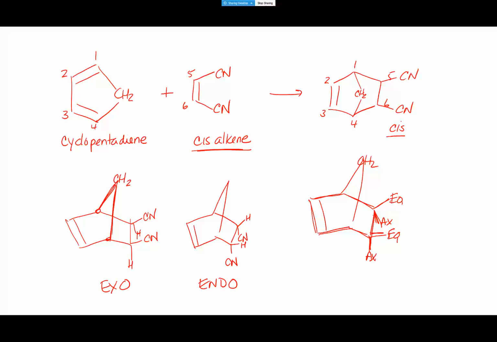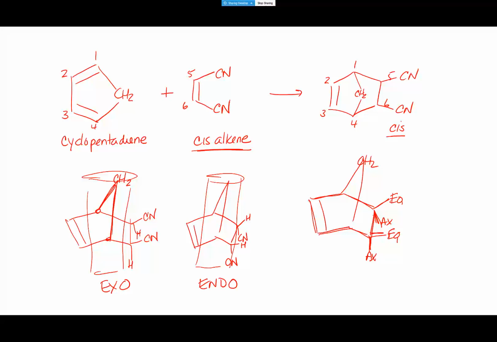I think of this bridge as creating a cylinder for the molecule, one that would go from maybe here to over here.